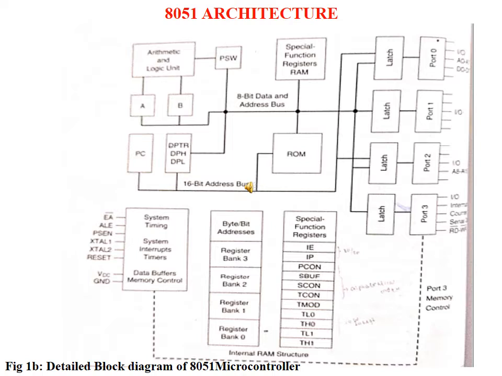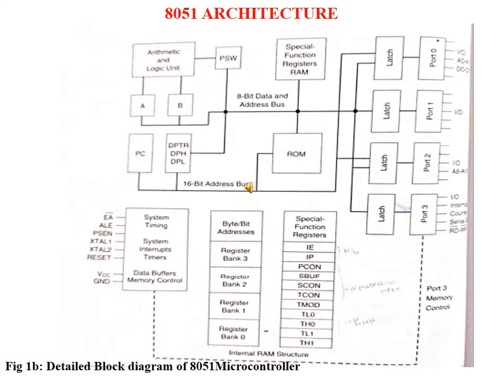The program counter is a 16-bit register which is always used to hold the address of the next instruction to be executed. It is automatically incremented after every instruction byte is fetched. It is the only register that does not have an internal address.